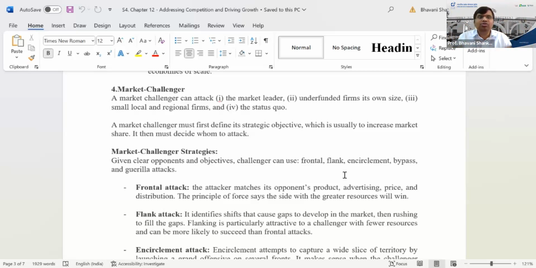You will anyway remove the small local regional firms, or you yourself are a regional firm trying to become a national firm, and you're trying to challenge the status quo that there are only 2 or 3 players. Now, there are only 2 players in the effervescent drink market, Coca-Cola and PepsiCo.